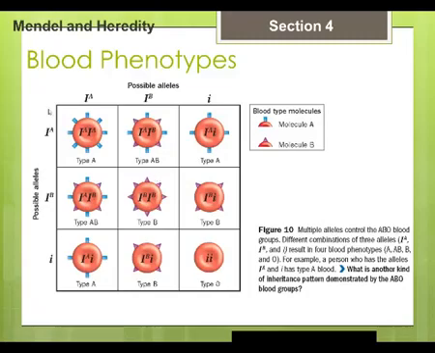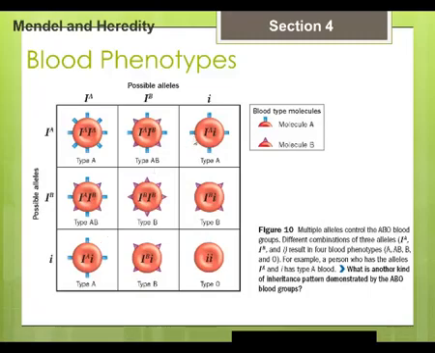If you get the blood type molecules from mom and dad that are type A, you end up type A. If you get a type A from mom and a type B from dad, or vice versa, you end up type AB. If you end up getting a type O from one parent, but then you also get either type A or type B from mom or dad, then dependent upon what you get, type A or type B would be your blood type.